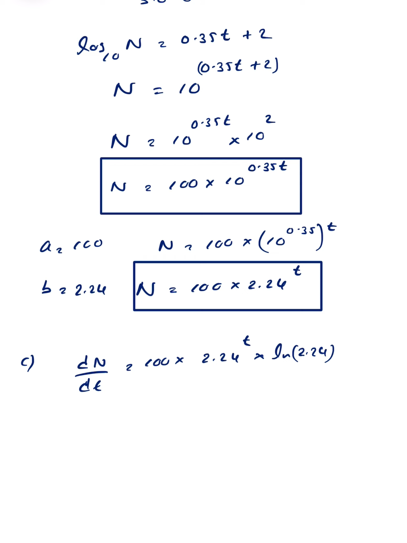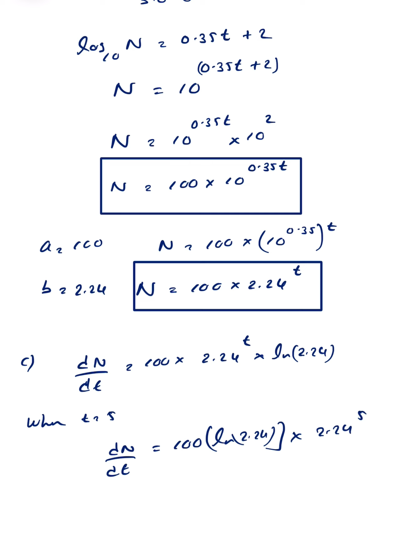So when t equals 5 hours, we can substitute and find the rate of change. dn by dt equals 100 ln 2.24 times 2.24 to the power of 5.